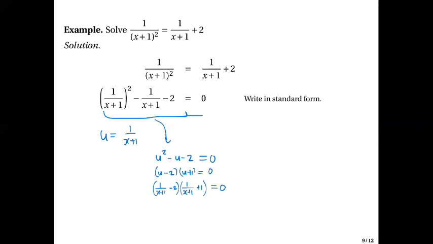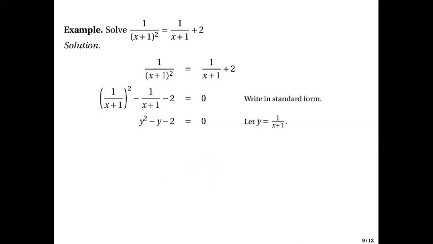Okay? So that's what will happen. Instead of u, I used y in this slide. So I have y squared minus y minus 2 equals 0. Then we factored (y minus 2) times (y plus 1).